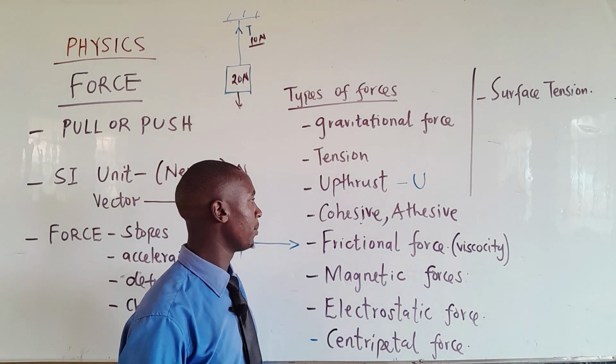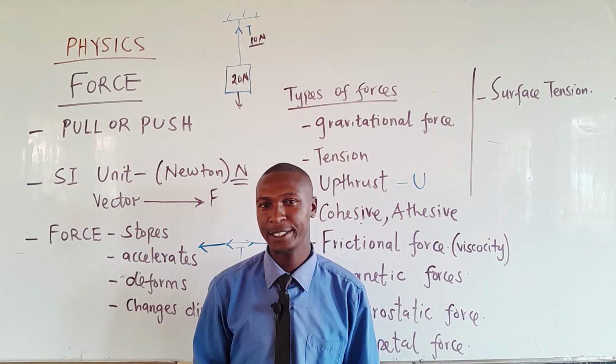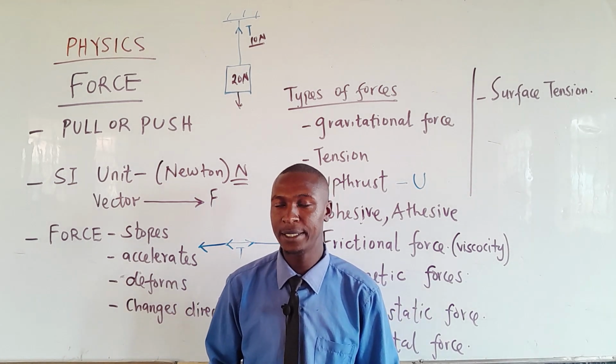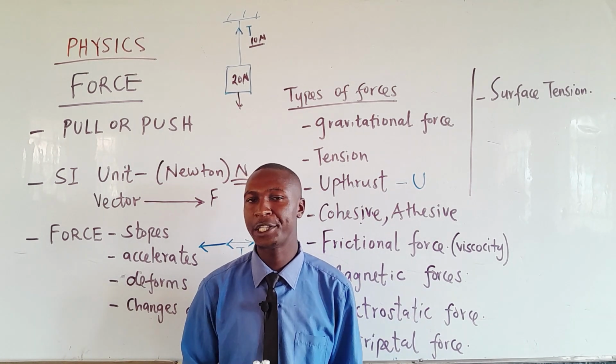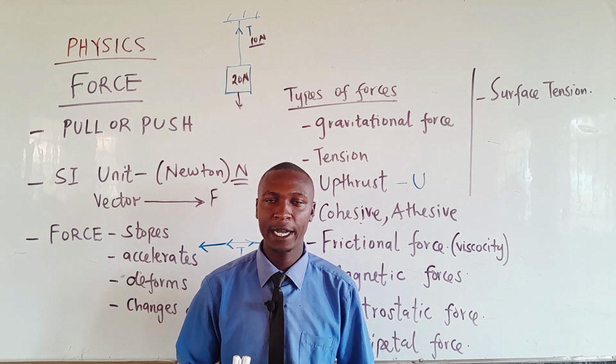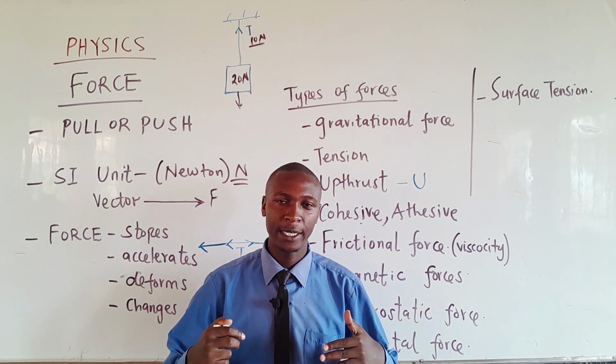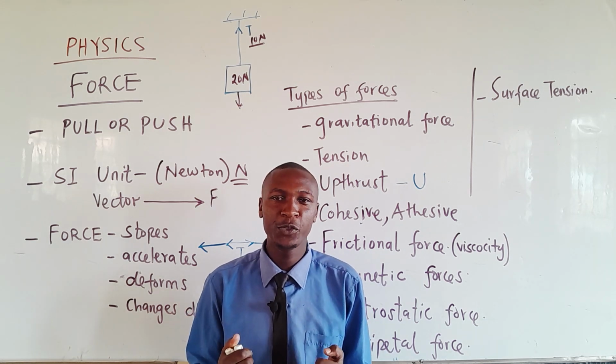Now let's talk about cohesive and adhesive forces. Cohesive and adhesive forces are forces that are felt in liquids mostly. Those forces come as a result of attraction between molecules of the same kind.